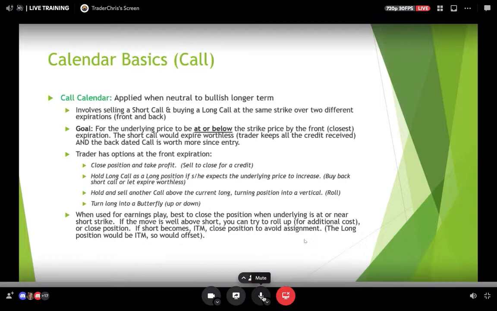But if I was doing a strategy for earnings way in advance of earnings, earnings on Amazon is on the 27th of July. I did some homework on Amazon over the past weekend. I wanted to get into a call calendar on Amazon, and Tuesday it moved away from me. I didn't want to chase it, so I didn't put it on.